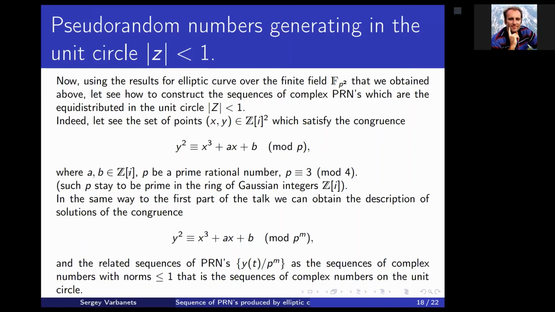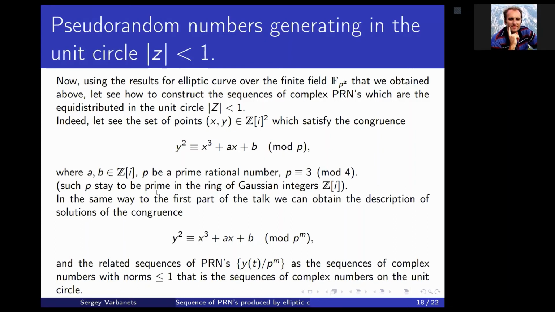and b are Gaussian integers, p a prime rational number, and with the condition p is congruent to 3 modulo 4. Such p stays prime in the ring of Gaussian integers.